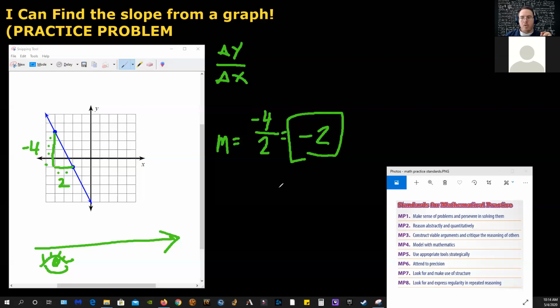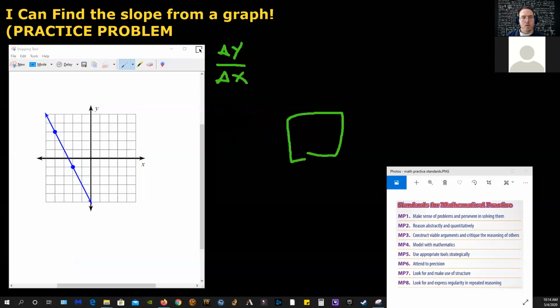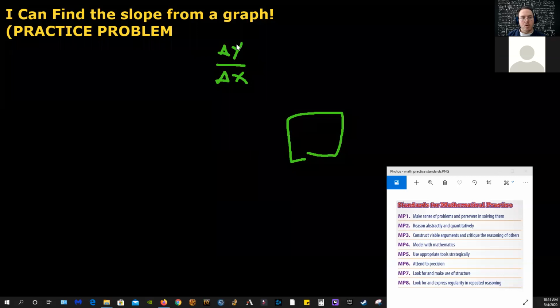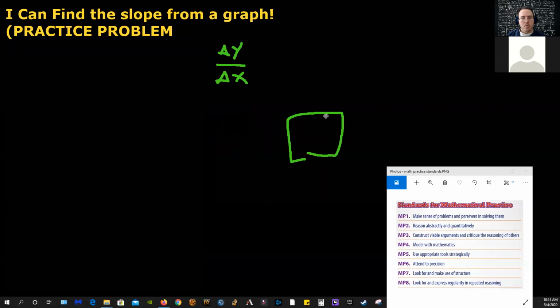So we've done a couple with the picture of a graph where you have to count the rise over run. Okay. So let's shift gears before we start comparing them. So let's try when you're just given the equation.